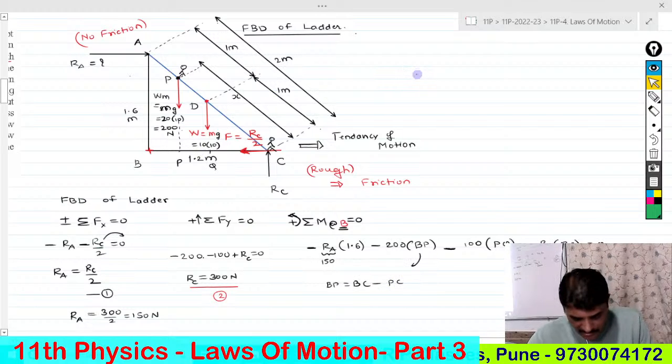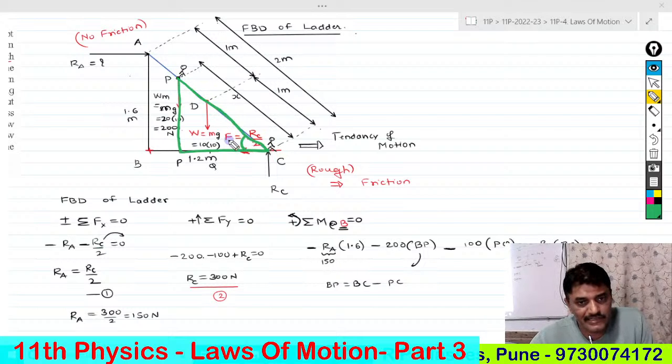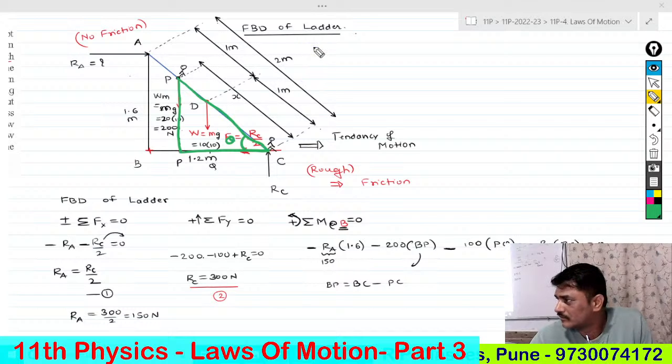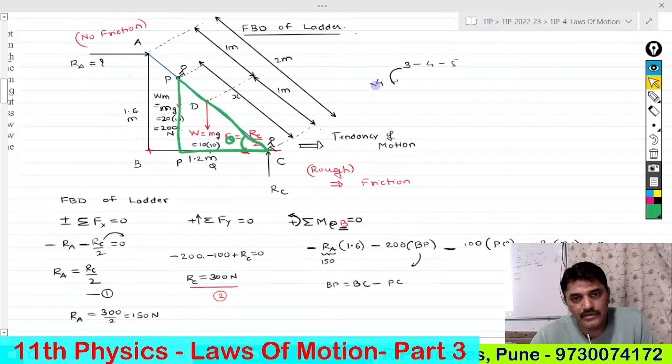Now if you see here, we have seen one thing. If I am considering this triangle, this is angle theta. And these numbers, if I see here, this is of the type 3, 4, 5. 3 को अगर मैं मल्टीप्लाई करूंगा 4 से तो क्या आएगा? 4 3 जा 12, 4 4 जा 16 and 20.